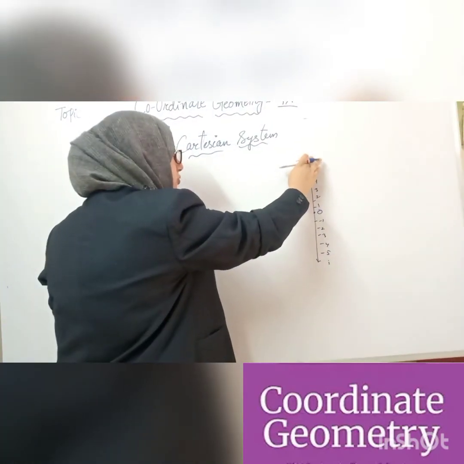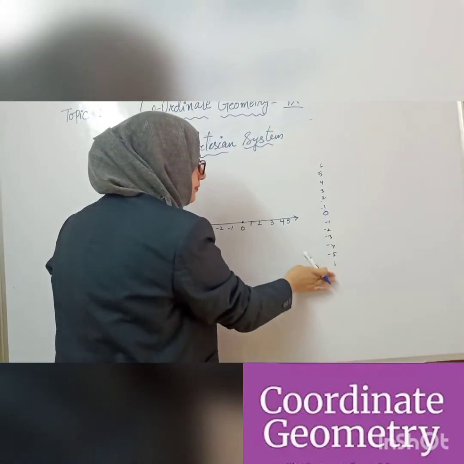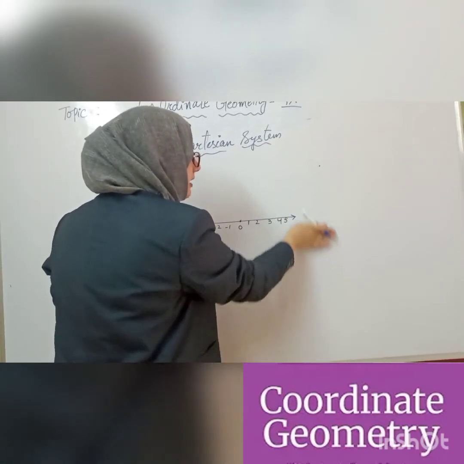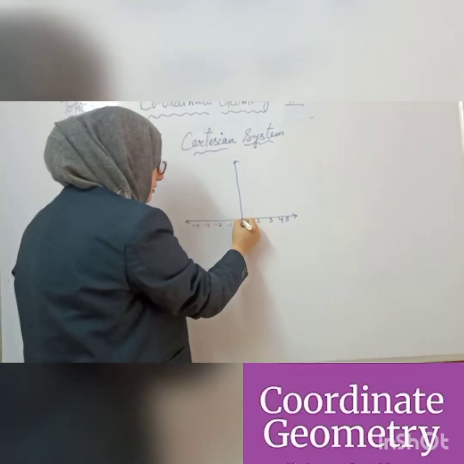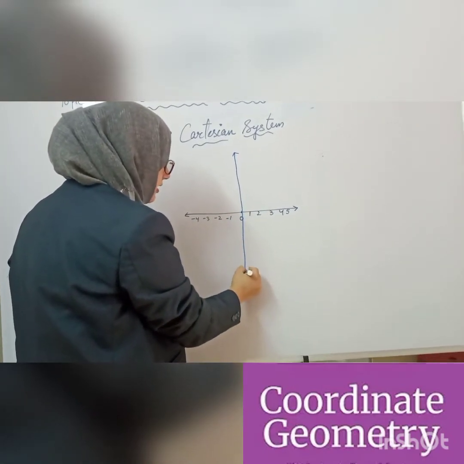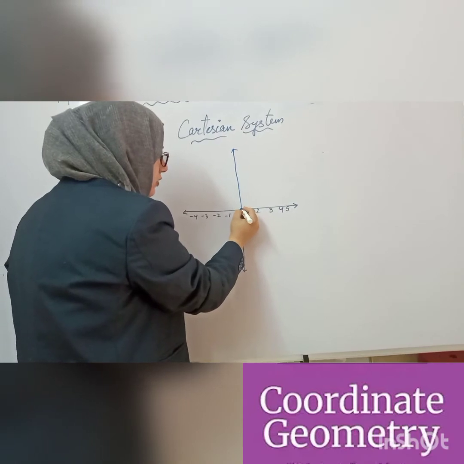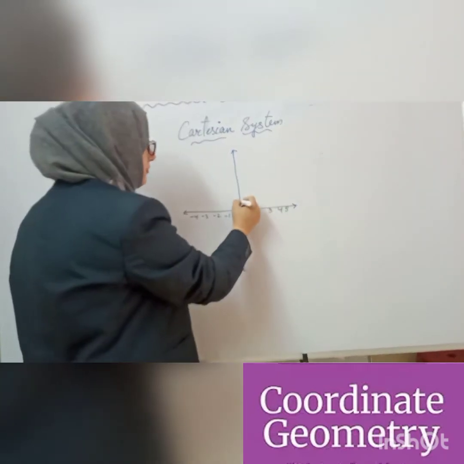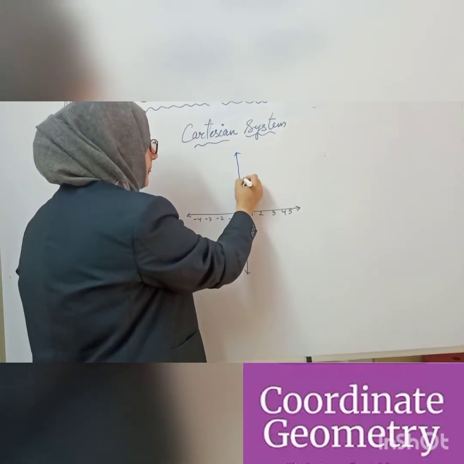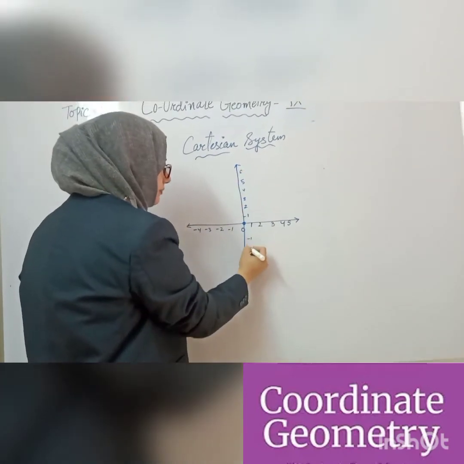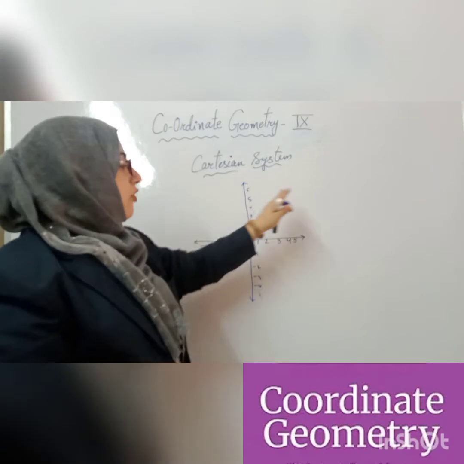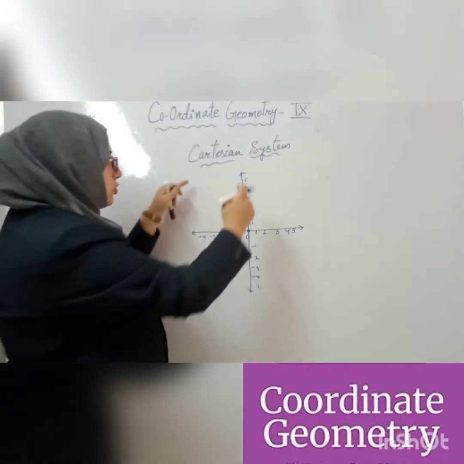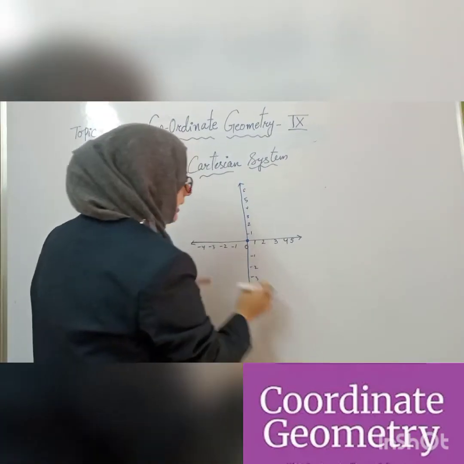If I take the number lines in such a way that their zeros intersect each other, they form a Cartesian plane. So this is a Cartesian plane.